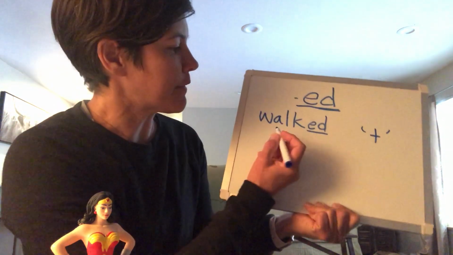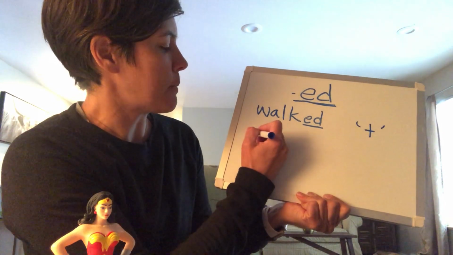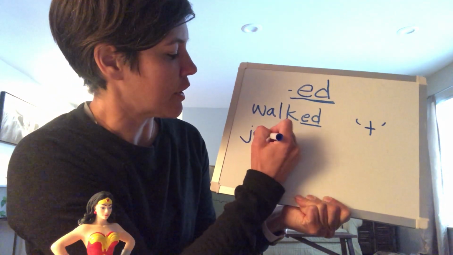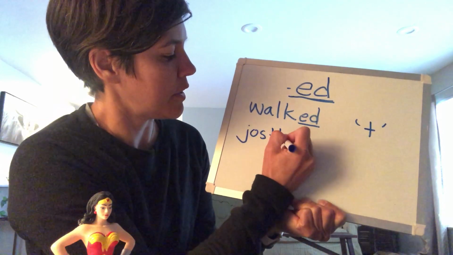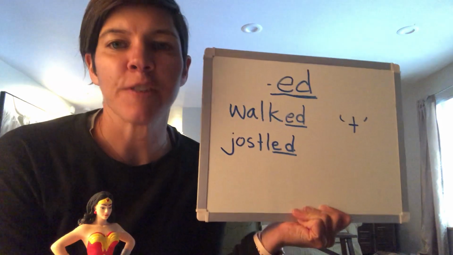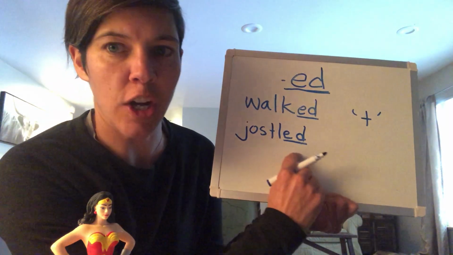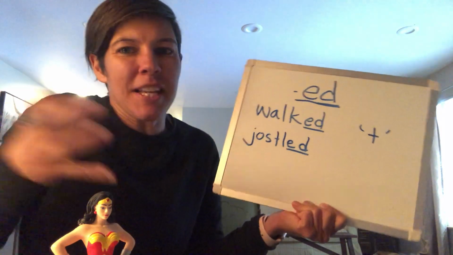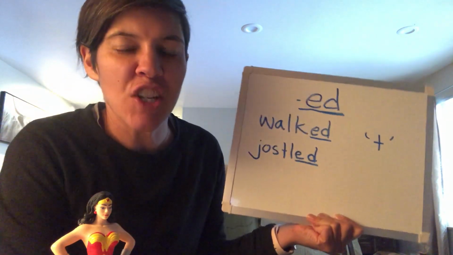Let's try a different word. I'm going to do a really good verb here. This verb is jostled. Jostled means when you take something and it kind of gets shaken up a little bit.